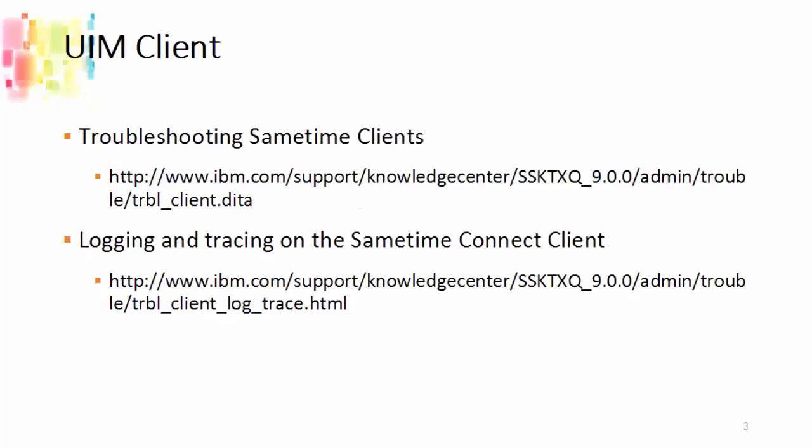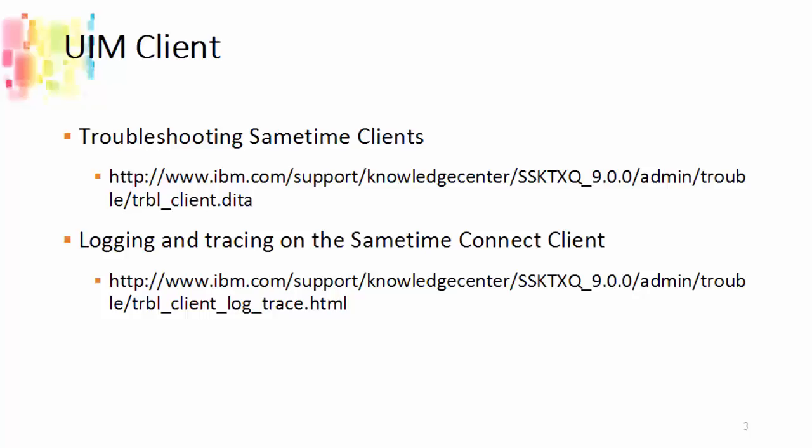For the UIM client, I'm going to start off with the very obvious links here to our info center. I say obvious because I'm used to finding them, but when you haven't been into that system and haven't made your bookmarks yet, they're kind of difficult to find. Along with the links, the note is very important. I'm not telling you things that aren't already in public information.